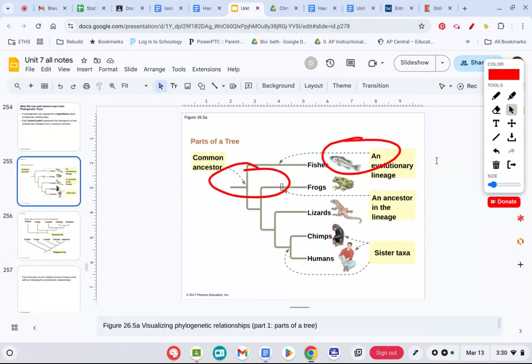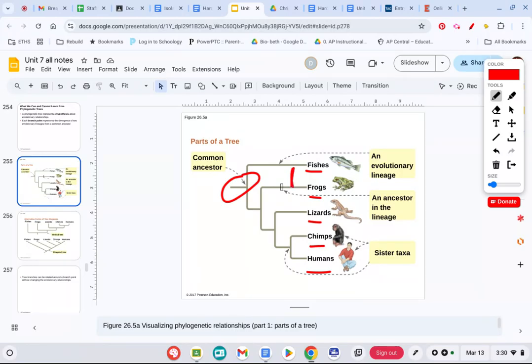So here I have an example of that, where I've got a common ancestor, and there's my common ancestor here, and then I have fish, I have frogs, and I have lizards and chimps and humans. They all diverge at some point from each other. Notice how the distance is the same in each of these cases.